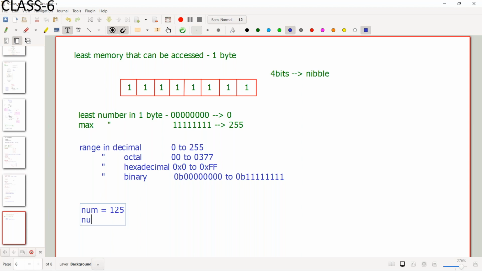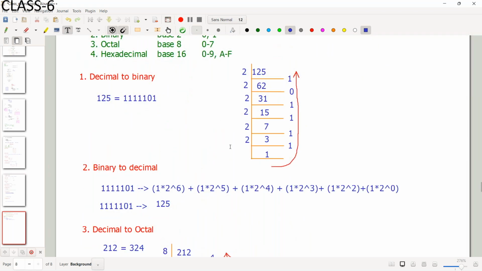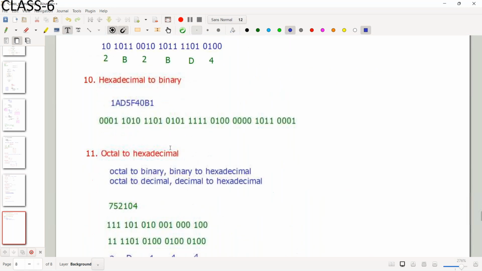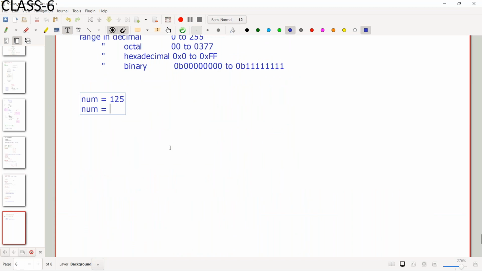And in binary, if I want to store it directly, I'm giving that in binary. So 125 in binary, we have already seen that, isn't it? 125 in binary is 1111101. Okay, so that is 0B1111101.